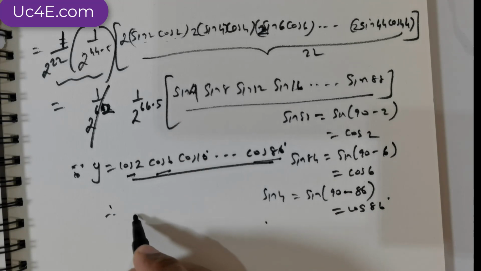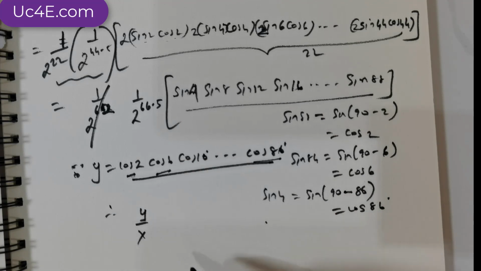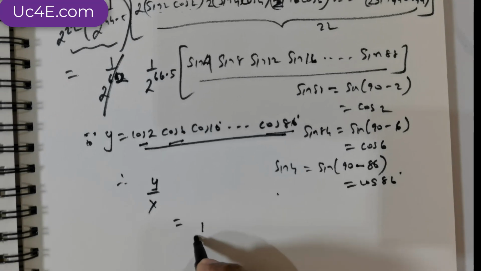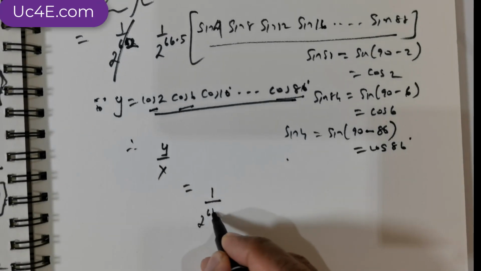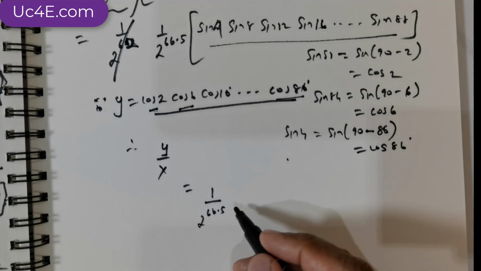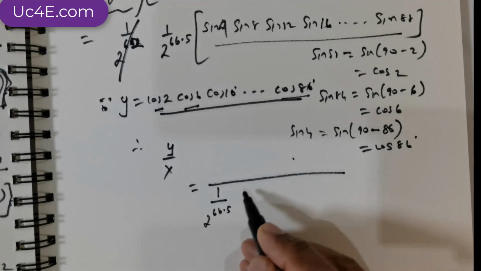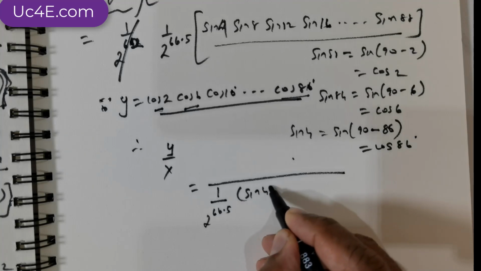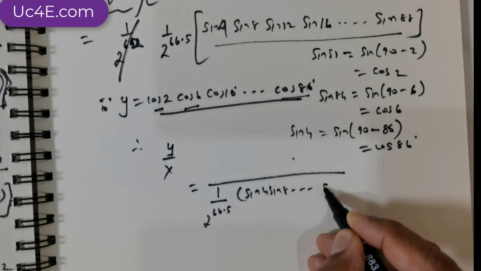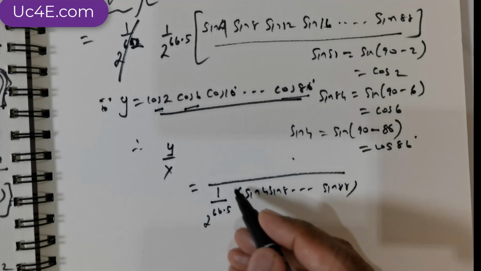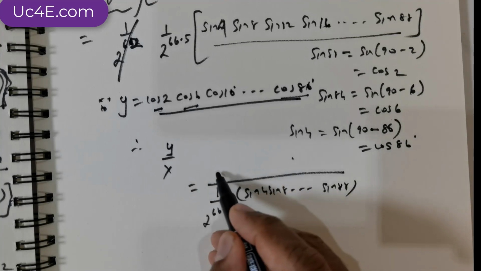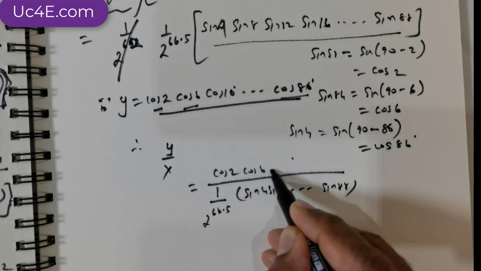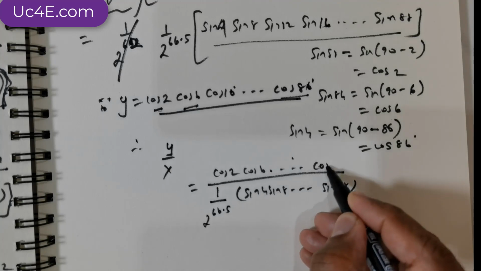Therefore, if you were to find y over x, my x term is going to be 1 over 2 raised to the power of 66.5, and the terms are sine 4, sine 8, etc. up to sine 88, and my y term is going to be cos 2, cos 6, etc. cos 86.